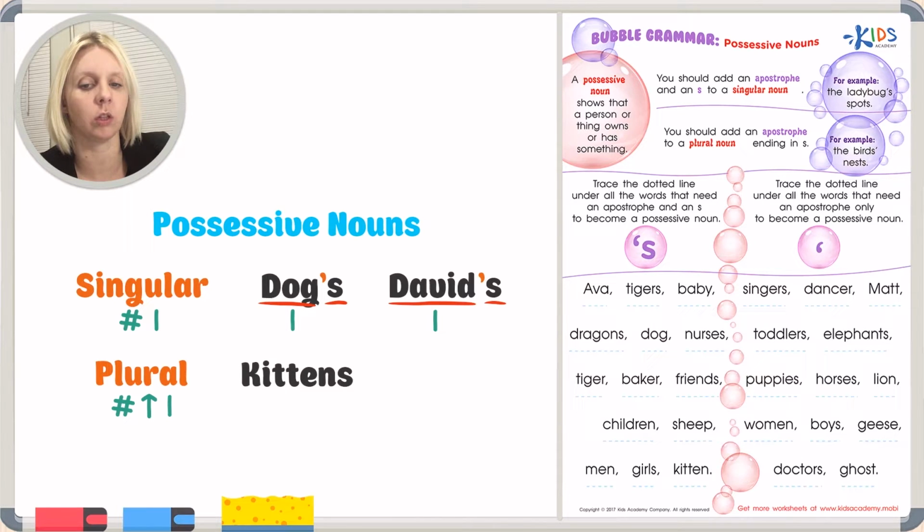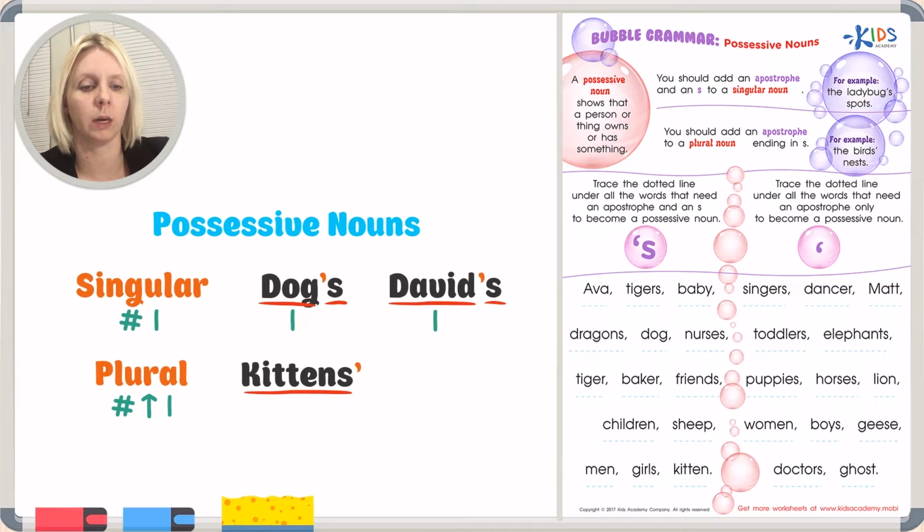Let's say that there's a litter of kittens, several little baby kittens, and I'm talking about the kittens' bed. They all sleep in the same bed together. So the way that I would show that the bed belongs to the kittens, in this case, because there's an S at the end and I know that there's more than one, I'm just going to add an apostrophe to the end.